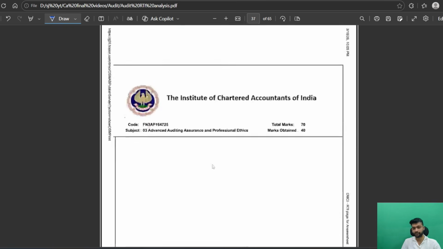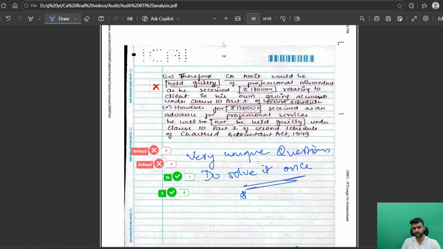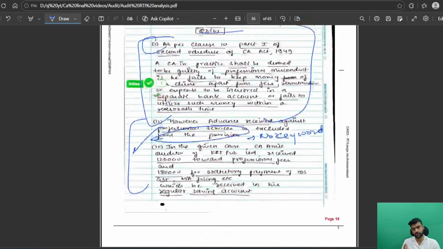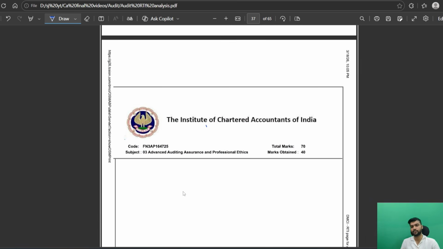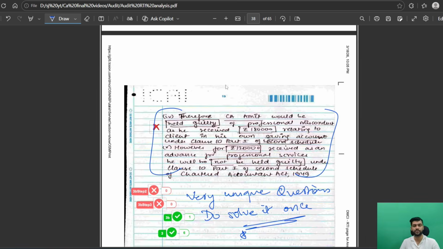I'm telling you, if your keywords are not matching, he will not give you marks. And here, the guilty and not guilty part is a very tricky thing. I recommend you solve this question and learn it, meaning practice it. It is a very good question. Once I was analyzing it, I realized that it is very tricky, and in my exam I thought it was an easy question, but in reality it was a difficult question.